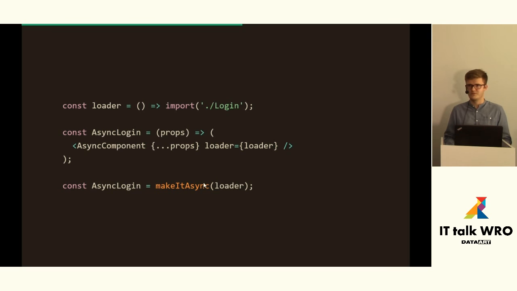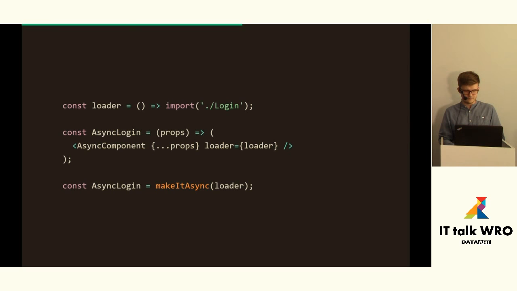For example, you have a login page, which you need to download only for not authenticated users, right? You create a loader, which is a function that returns a dynamic import, and this import returns a promise, right? And we require the login page.